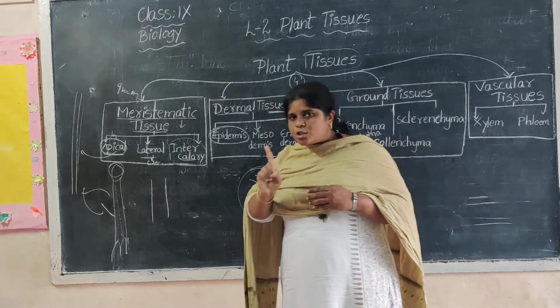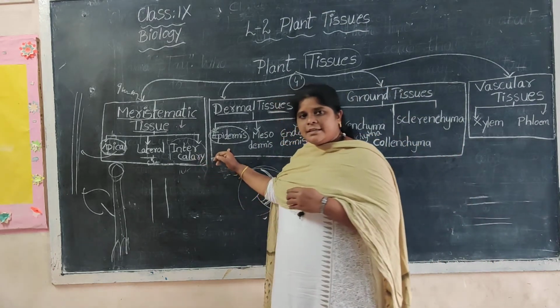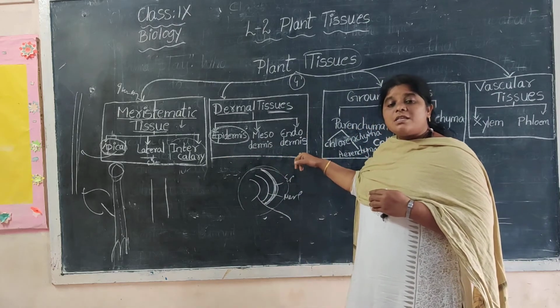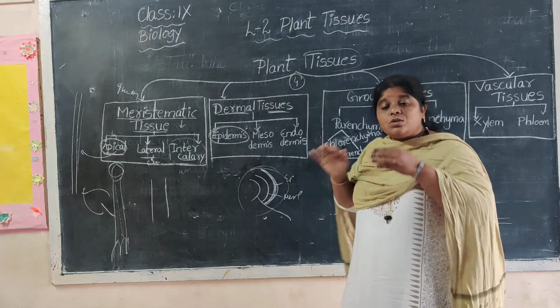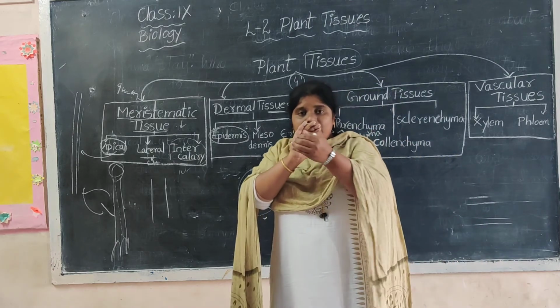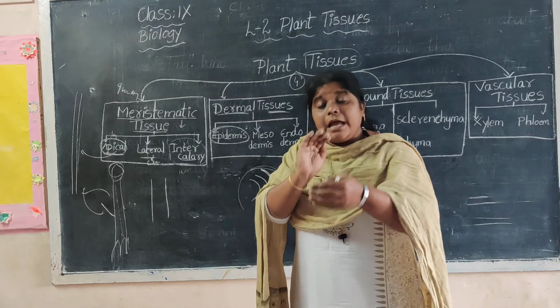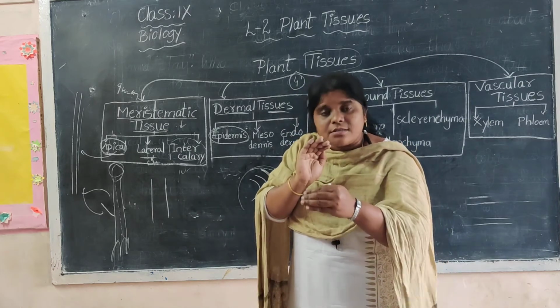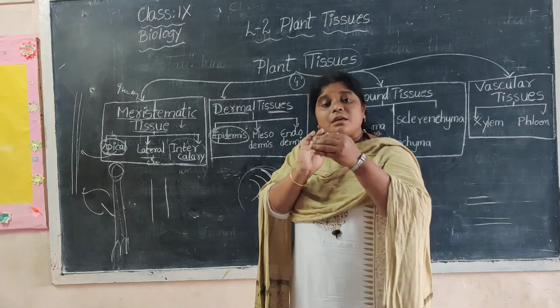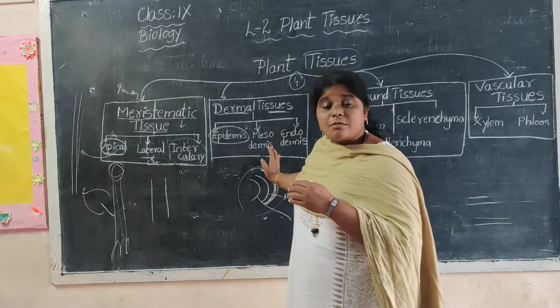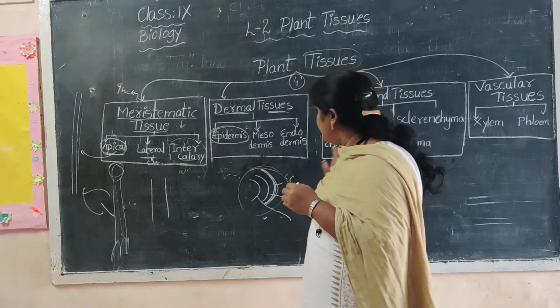Outermost protection by epidermis, middle layer is mesodermis, endodermis is the innermost layer. These layers protect the plant, and not only that, if any injuries occur, they will be cured by this dermal tissue.